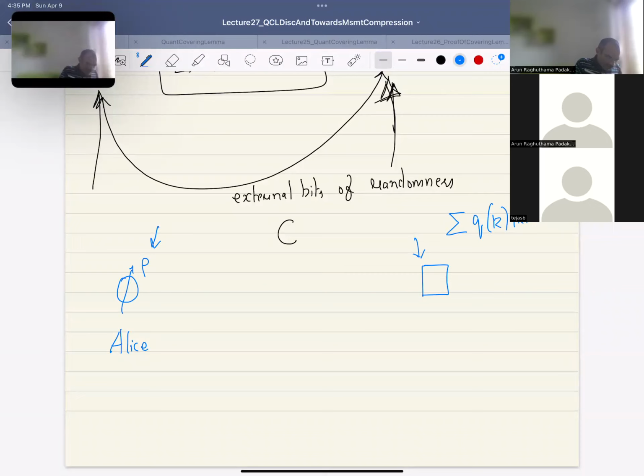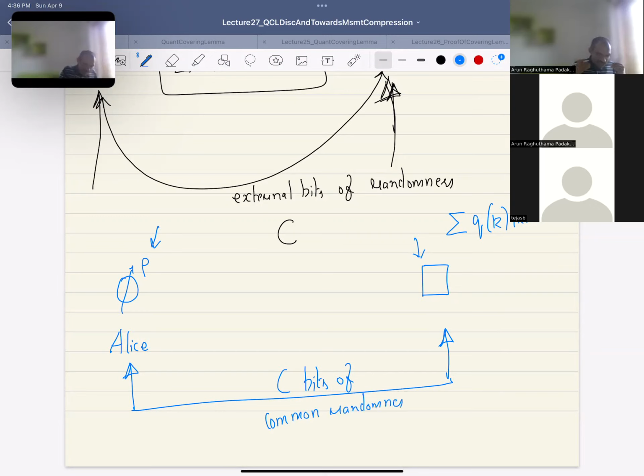Pre-process. Now I will give both of them something completely independent of the state and the classical register, completely independent and useless. Both of them, I'll give them some C bits of common randomness. Okay, completely useless.